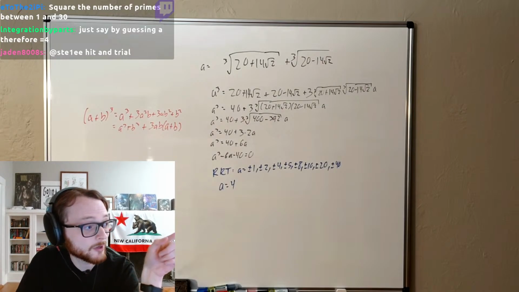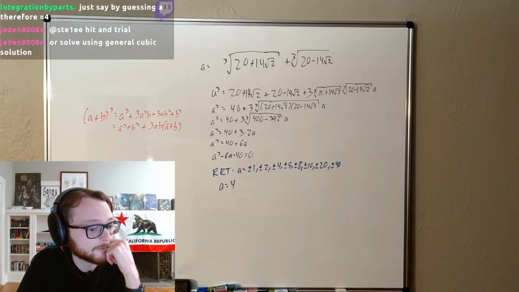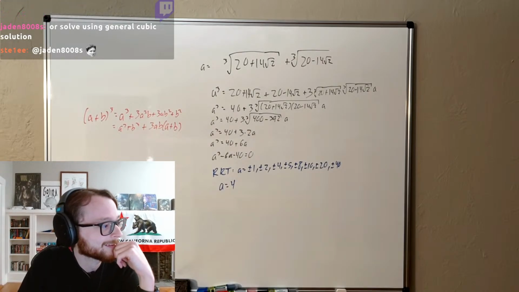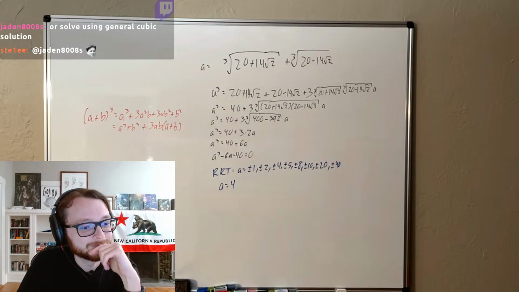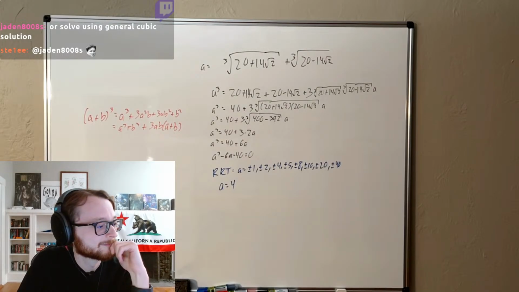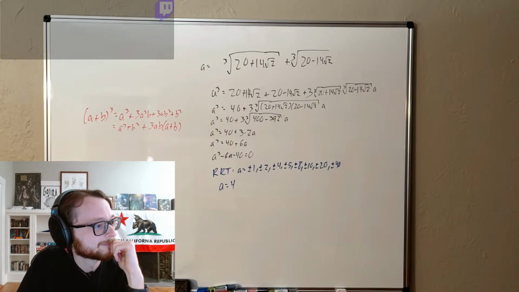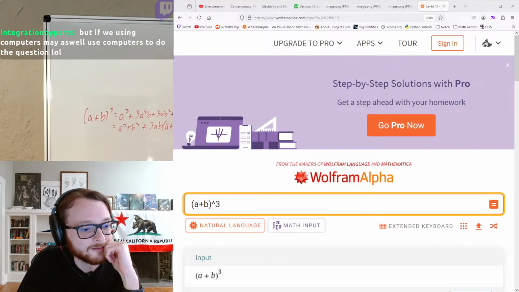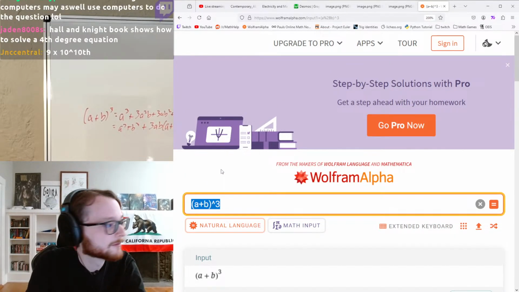You can show your work of trying each individual root until you get one that works, but it literally is just trial and error, unless you want to do the cubic formula, which is painful, and I would never recommend it in any scenario that's not using a computer to do it for you. But yeah, that's basically the technique there.